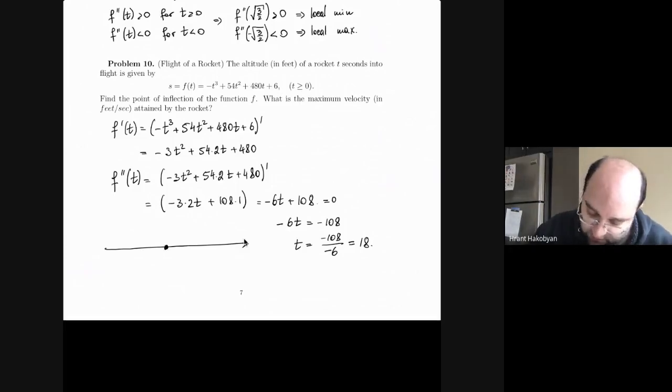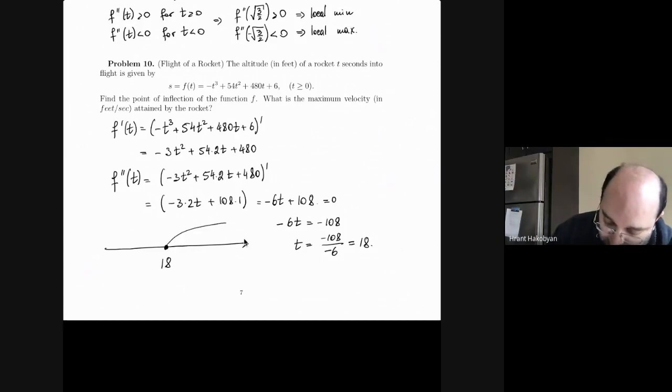So if I draw the number line and mark the point 18, then I'll have to figure out where the function is positive and negative. It's actually very easy to see that the function is going to be positive here and negative here.